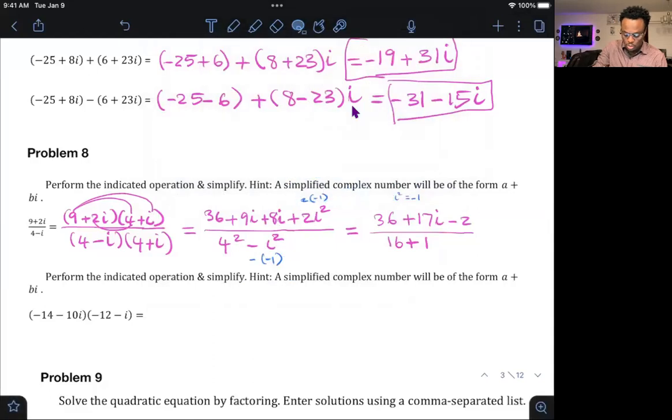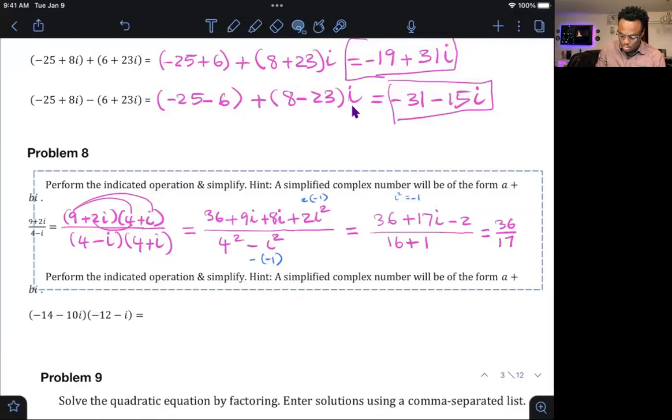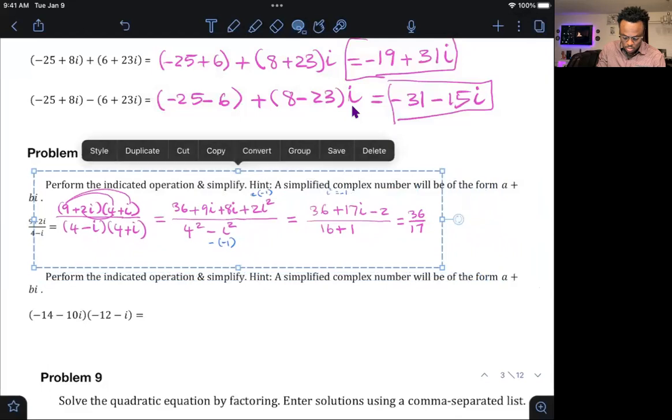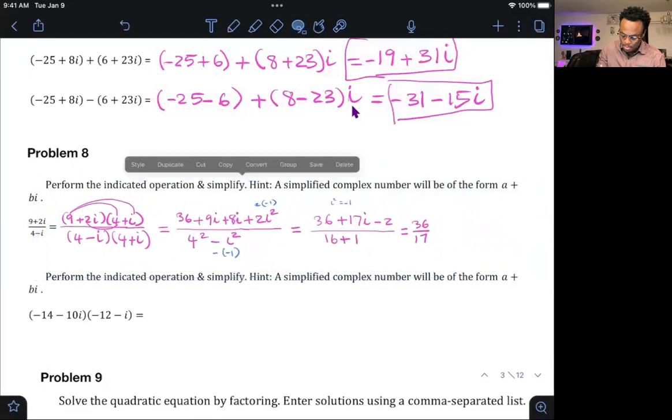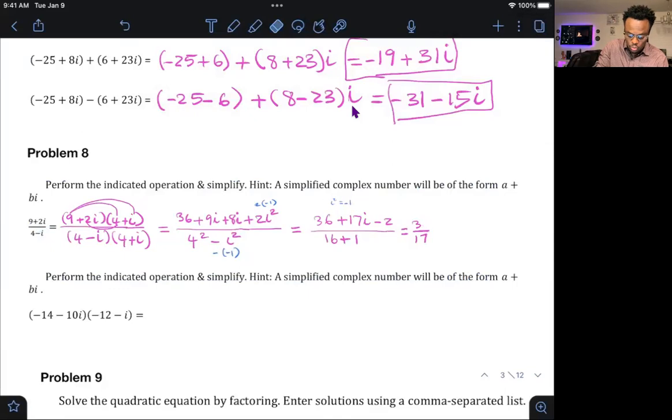Okay, so that takes me to the last answer. 36 over 17, not 36 actually, it's 34 because you subtract the 2.